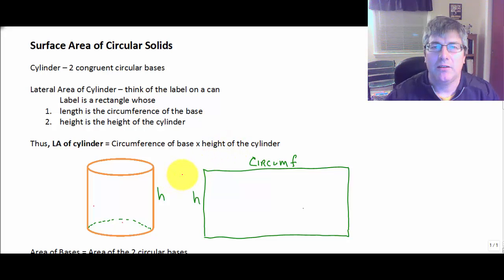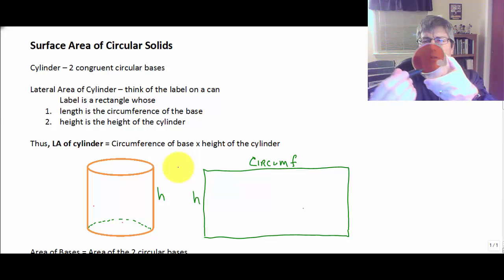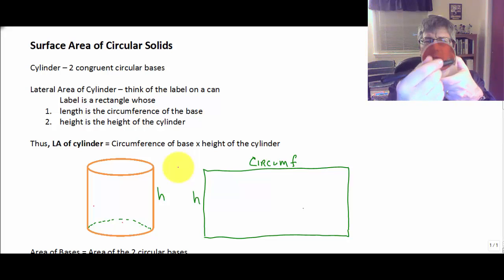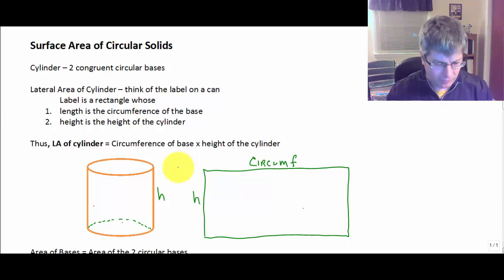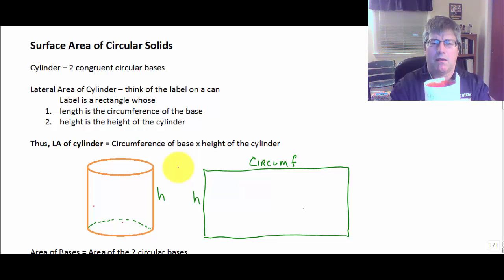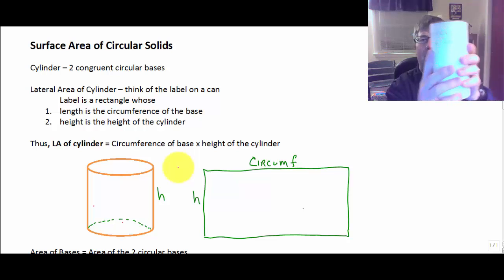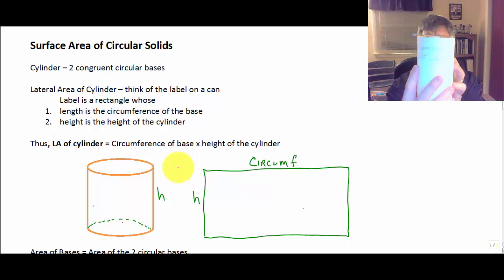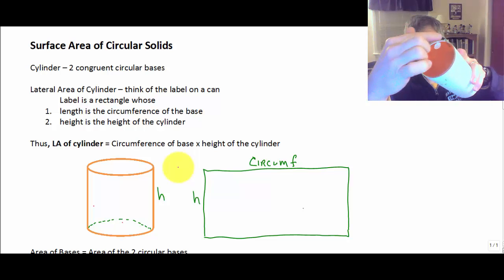Well, that sounds odd because circumference is part of a circle. That's what it is around the outside of a circle. That's the perimeter of a circle. So if I had the label on my can, something like this, well, if I pull my label off, this distance around is my circumference.